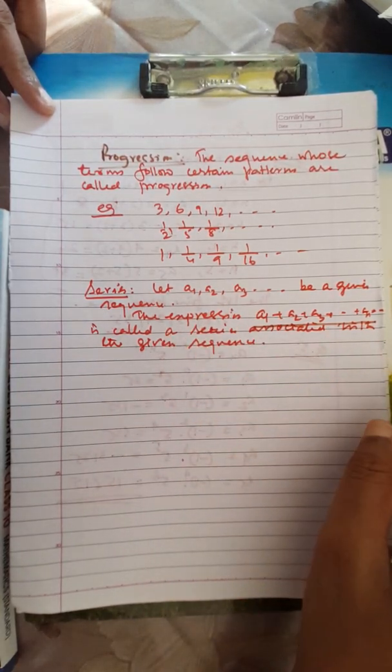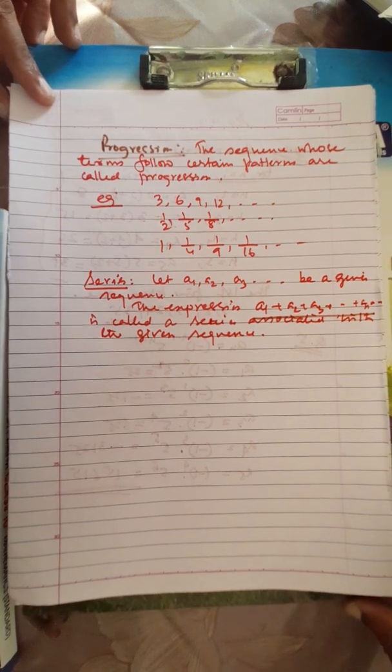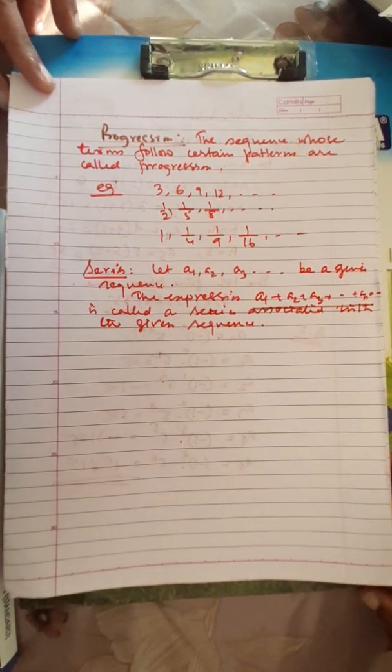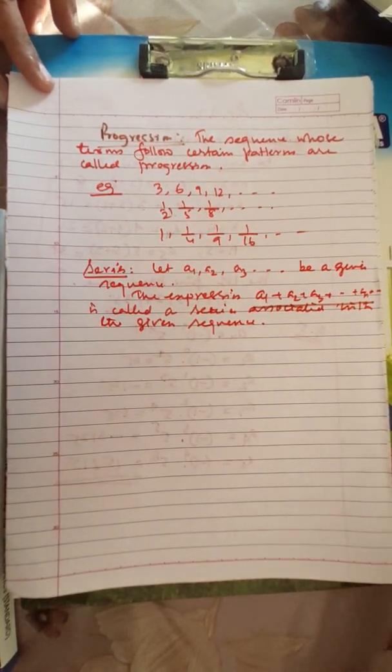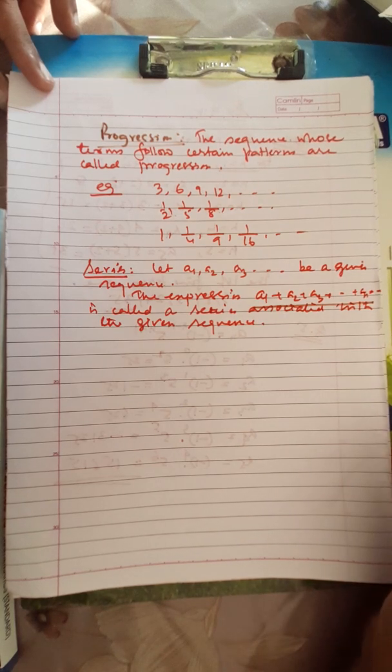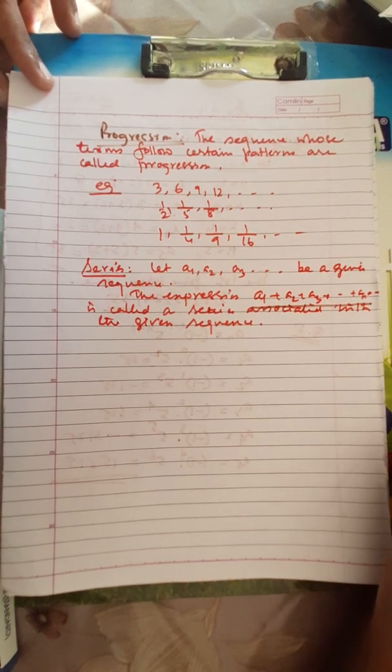That means if A1, A2, A3, A4 are the terms of the sequence, then the series will be A1 plus A2 plus A3 plus A4 plus, in this way. If 1, 2, 3, 4 are the terms of the sequence, then the series will be 1 plus 2 plus 3 plus 4 plus, in this way. If 2, 4, 6, 8 are the terms of the sequence, then we write 2 plus 4 plus 6 plus 8 plus. This is nothing but a series of the sequence.